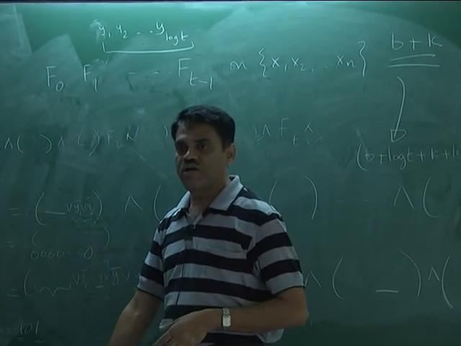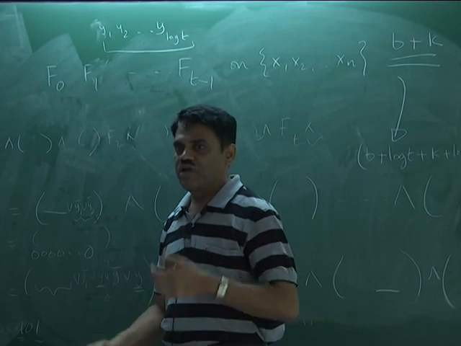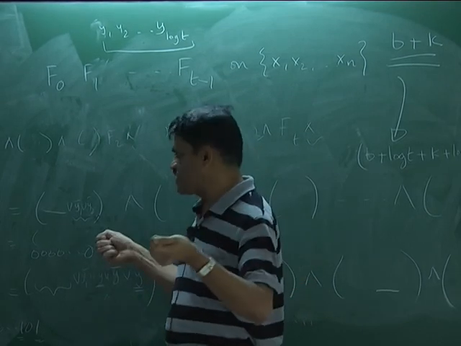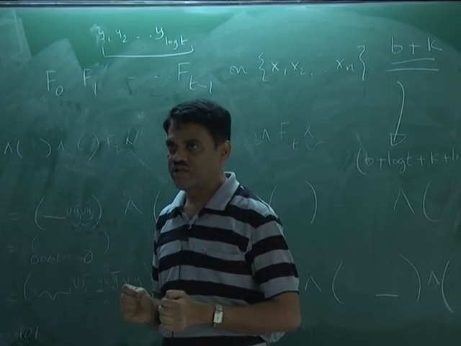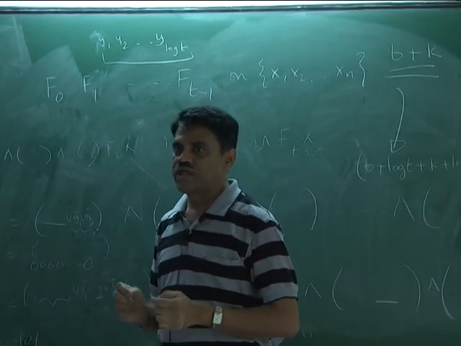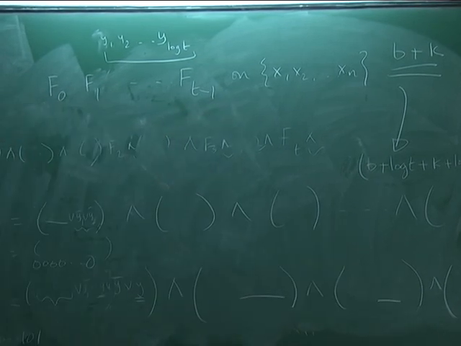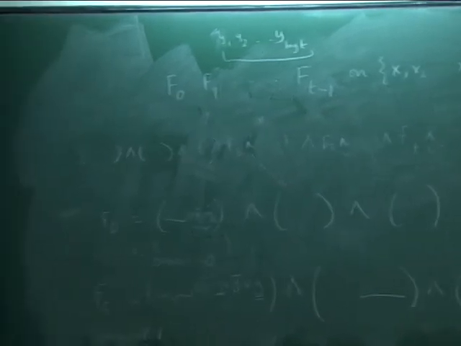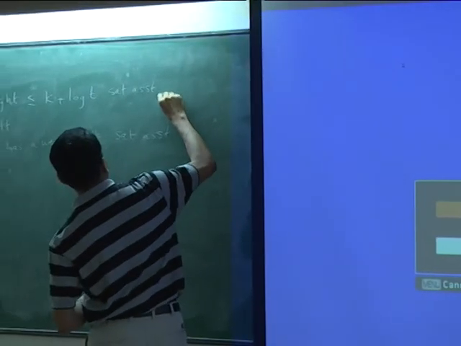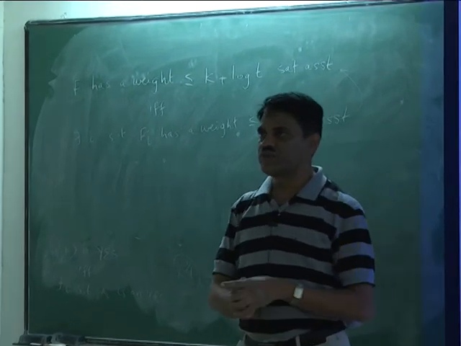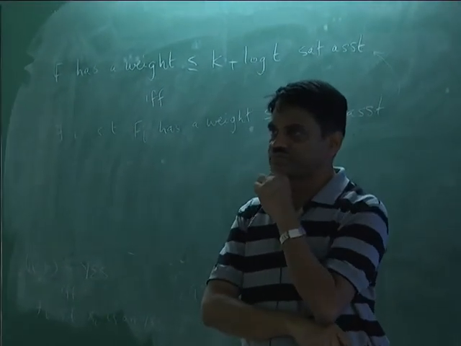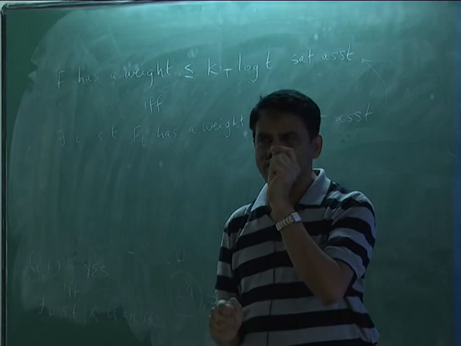What is the weight of the total assignment so far? The original k plus this log t. Okay, that direction is clear: if there is a weight at most k satisfying assignment in some f_i, then my f has a satisfying assignment of weight at most k plus log t. The converse needs a little more work.